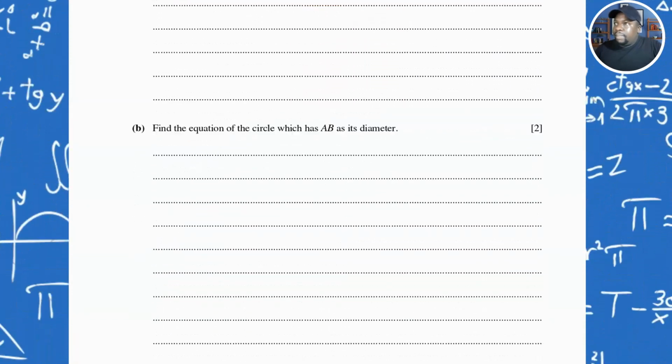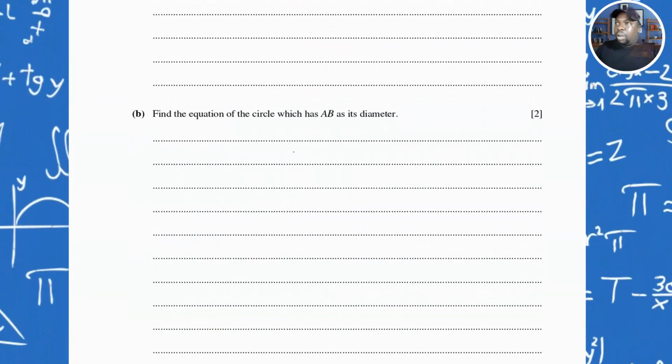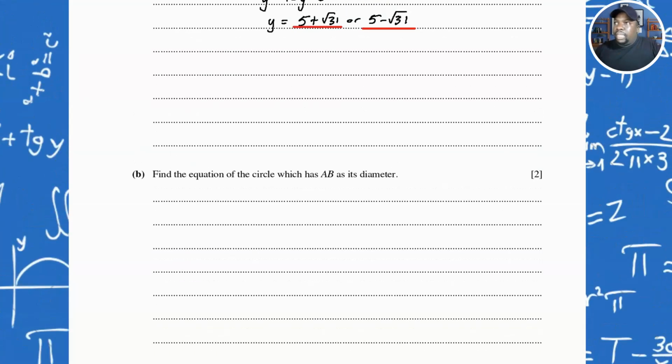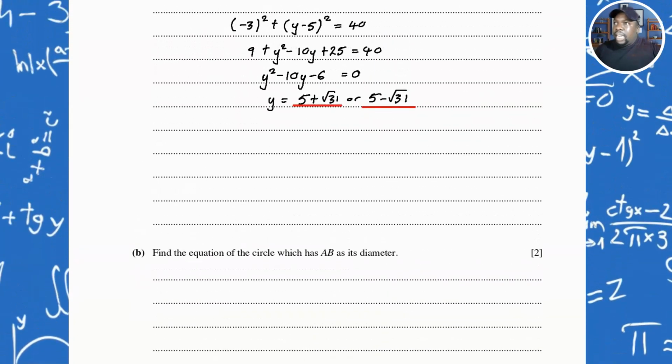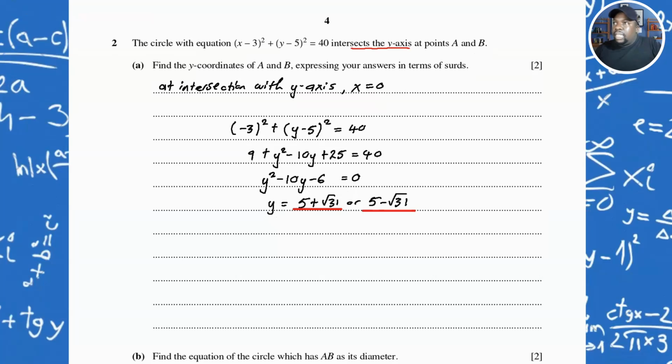On part B, the question says, find the equation of the circle with AB as its diameter. Now, for the 2 points A and B, we know that x is 0, and the y coordinates are these two here.